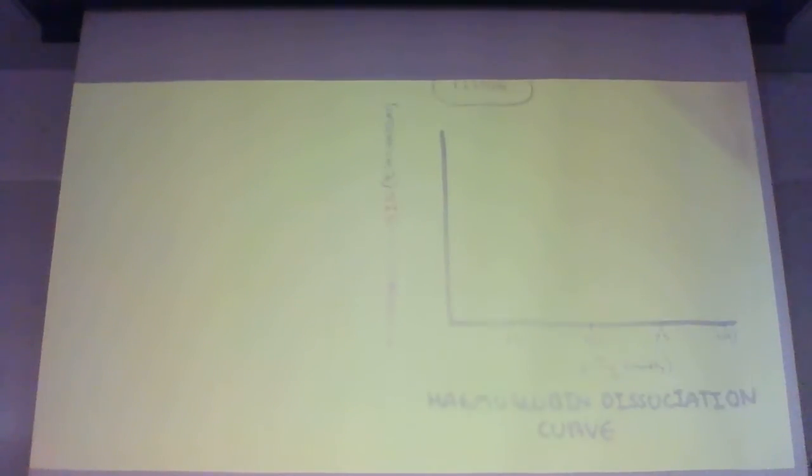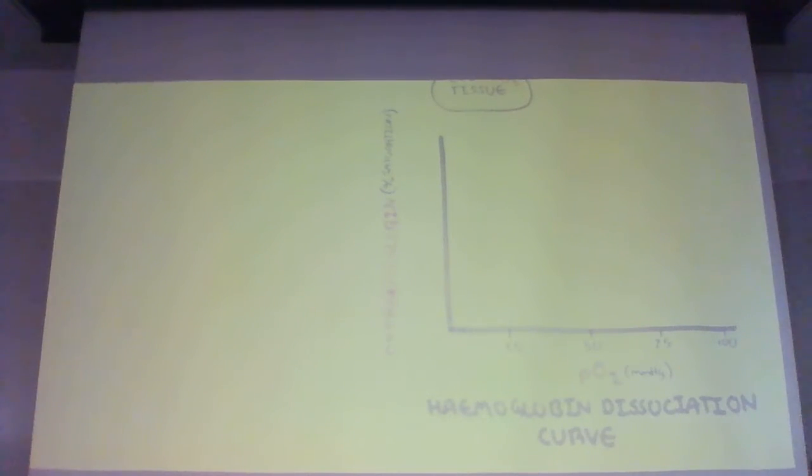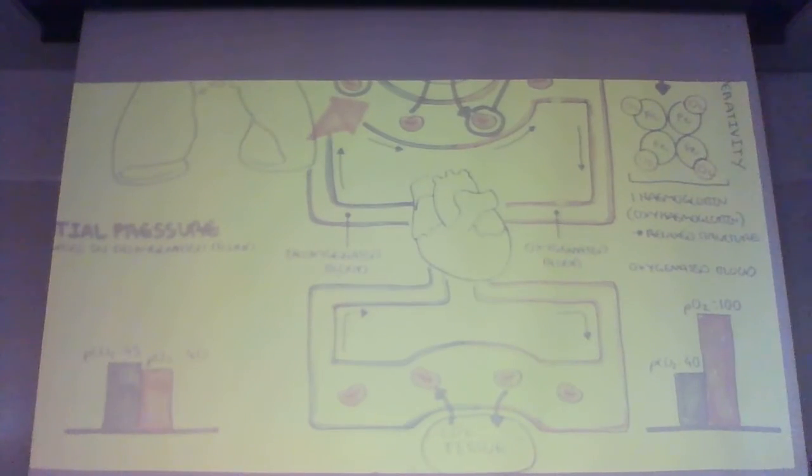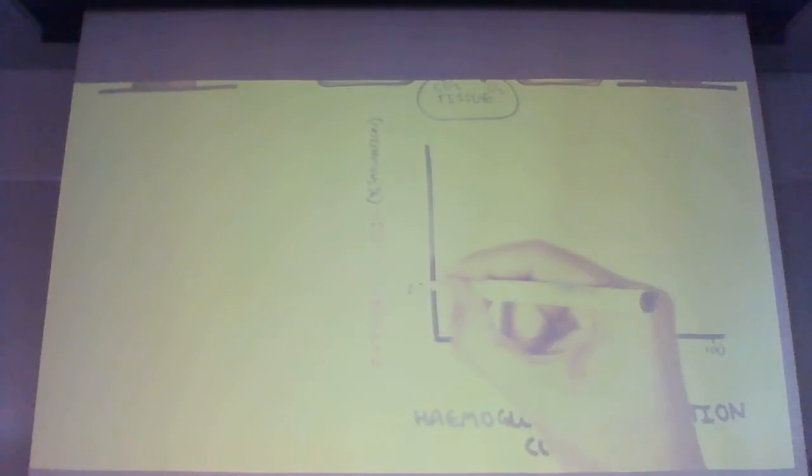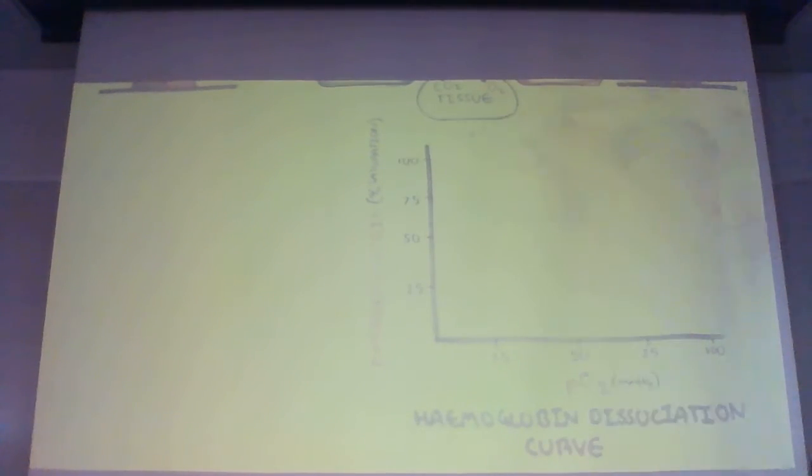And on the y-axis, you have the saturation of hemoglobin, which specifically is oxyhemoglobin in percentage. This saturation of oxyhemoglobin means how much oxygen is bound to the hemoglobin. The more oxygen bound to hemoglobin, the higher the oxyhemoglobin, and therefore the higher the saturation.